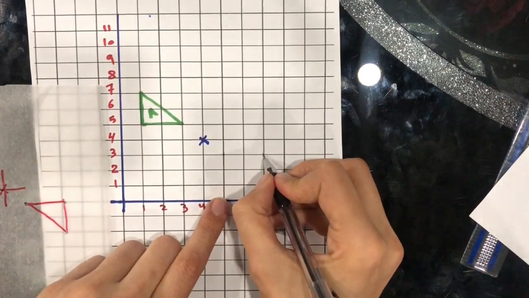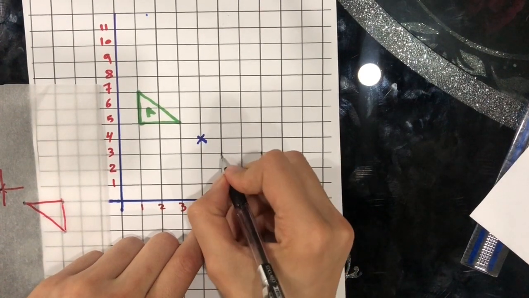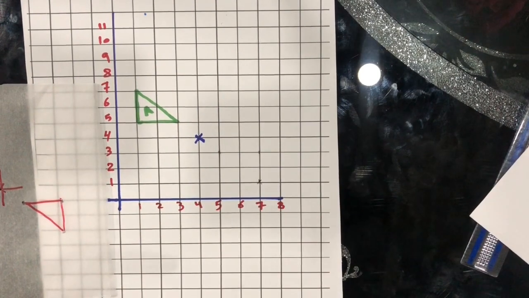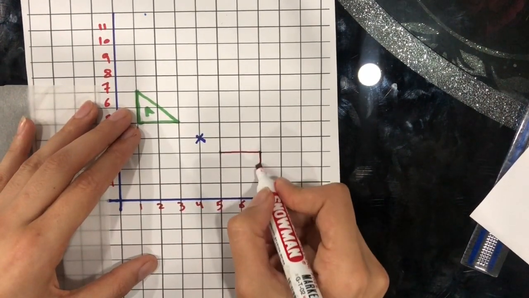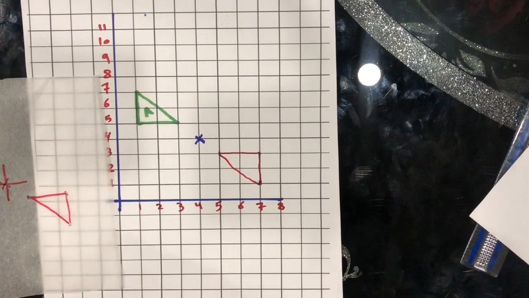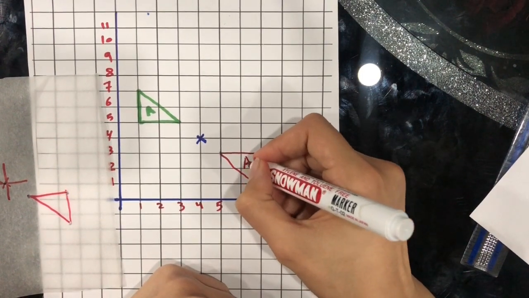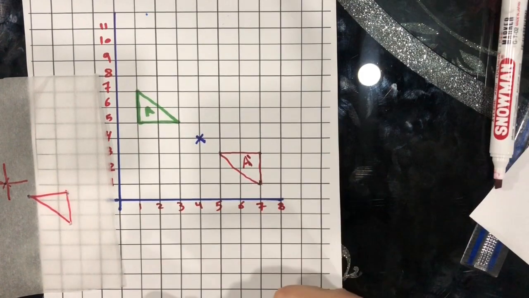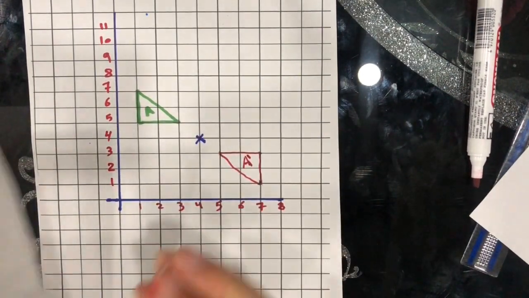As you see, I hope it's clear for you. Here is my point, here's my second point, here's my third. All I have to do now is connect them. Of course, you will need to use your ruler for connecting.